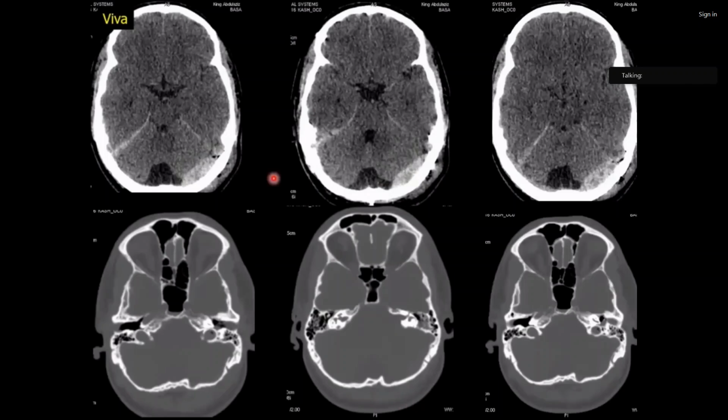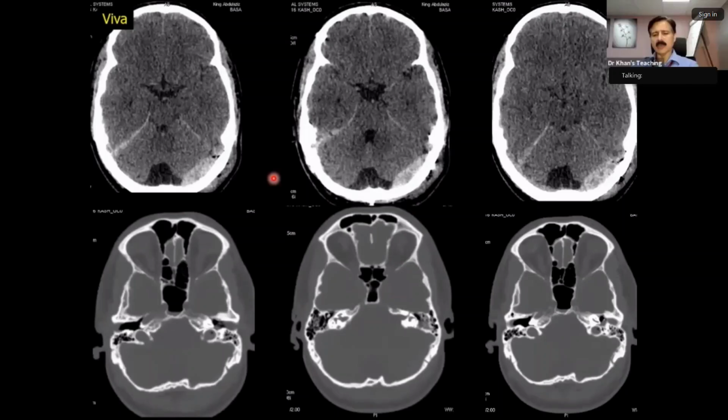Anatomy. What has ruptured in an extradural hematoma? Normally it's the meningeal artery. So what has happened here? Shear force. This skull looks a bit deformed.